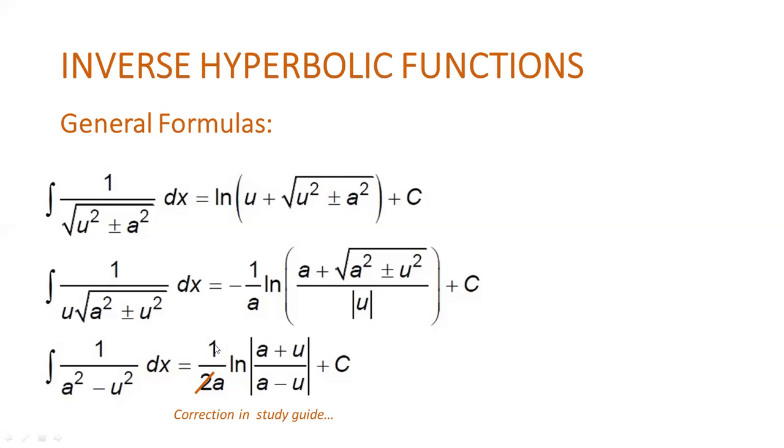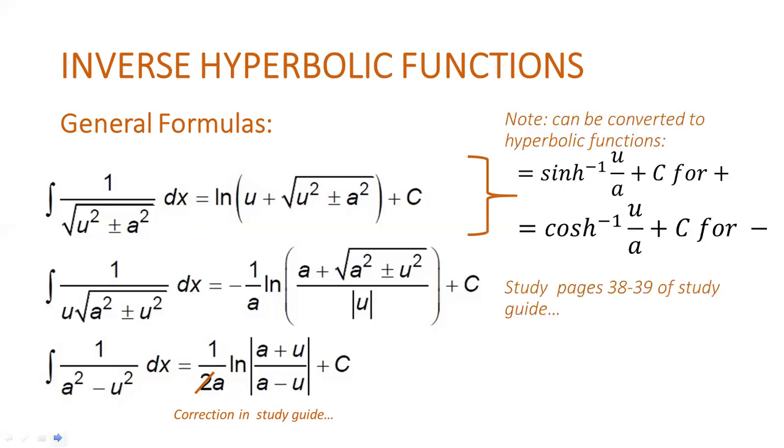So it should only be 1 over a, the ln of a plus u, all over a minus u. Okay? Now, this one is for cases wherein your a is not 1. So you have the ln, or this could also be yielding the inverse hyperbolic sine of u over a plus c.